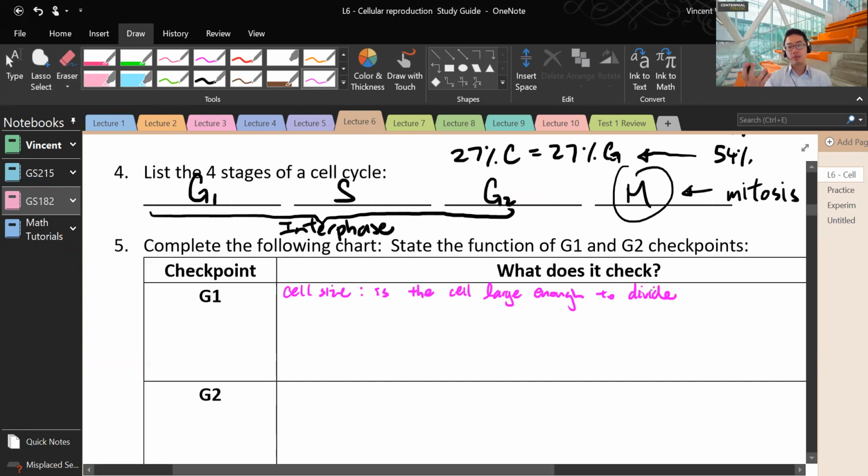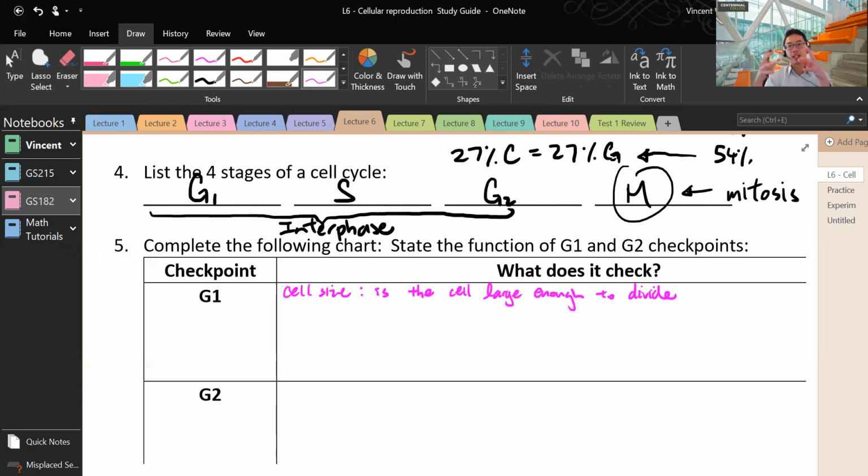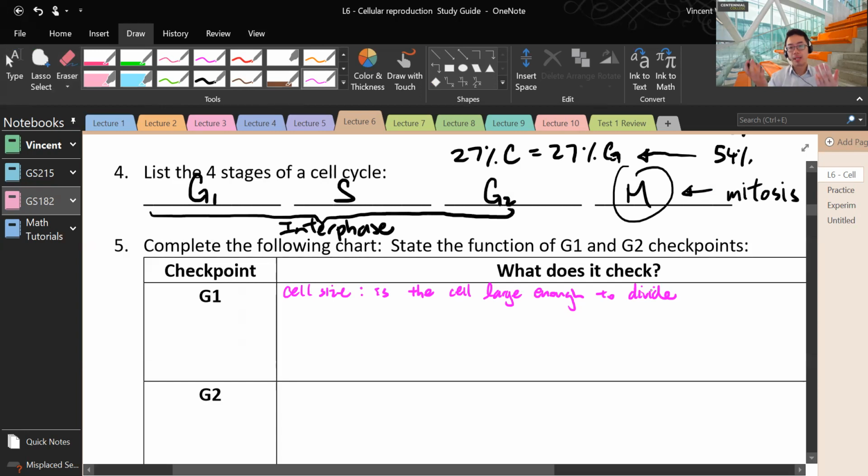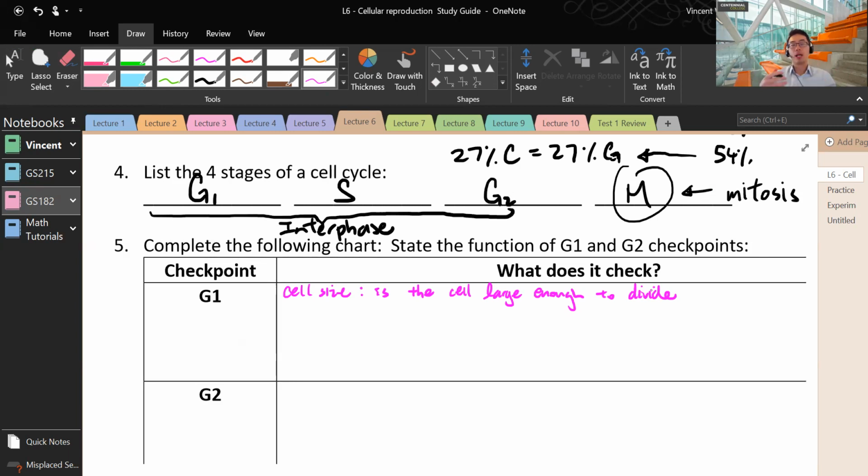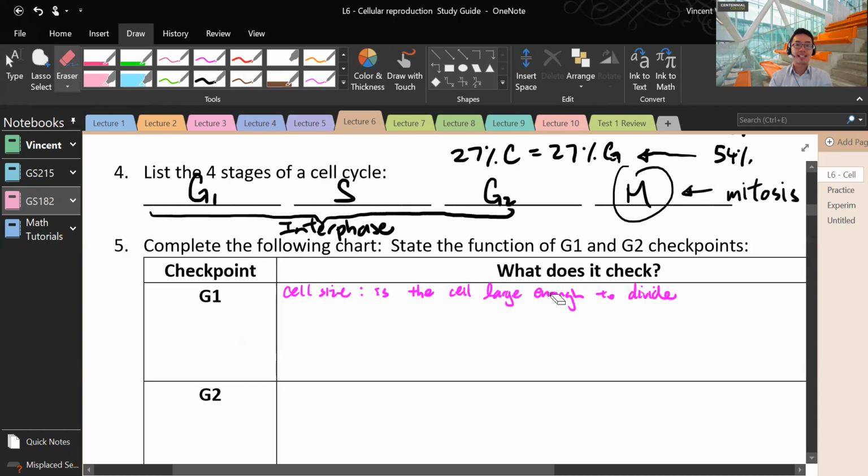One of the reasons why we have to do cell division is as the cell gets bigger and bigger and bigger, the surface area to volume ratio becomes not optimized. Okay, there's going to be a point where there's too much volume and not enough cell membrane to allow the cell to do its job efficiently. So you must divide. So one of the things you want to check for in G1 is, is the cell big enough to divide? Okay. You don't want a small cell to divide, or you're not going to have enough cytoplasm to split. Okay, so that's one thing to check for.